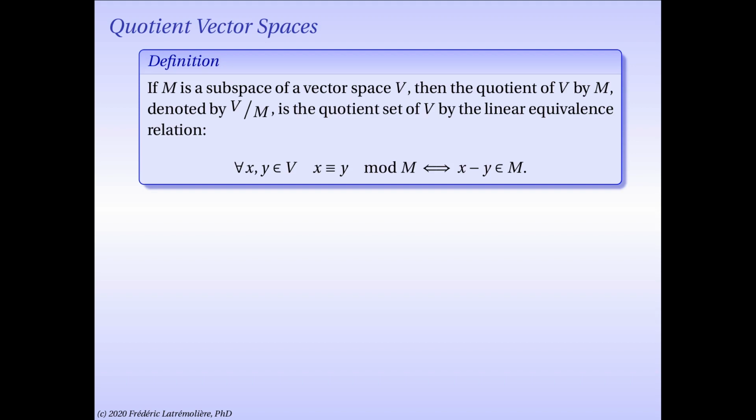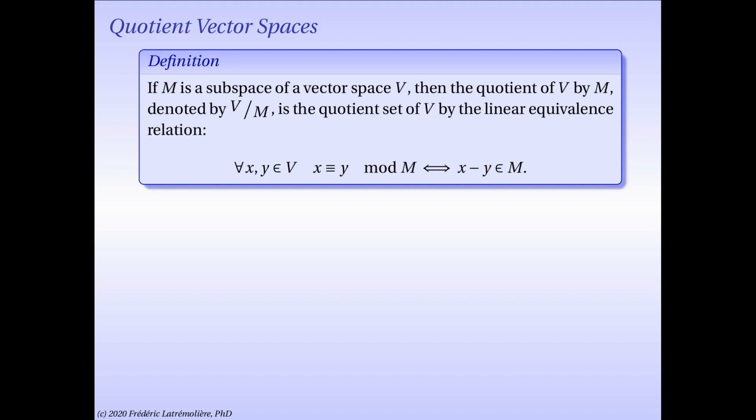And so now we have all the necessary ingredients to understand what quotient vector spaces are. If you give me any equivalence relation on a set, there is an associated set called a quotient set, which is the set of all equivalence classes. Here we start from a vector space with a nice type of equivalence, namely linear equivalence.